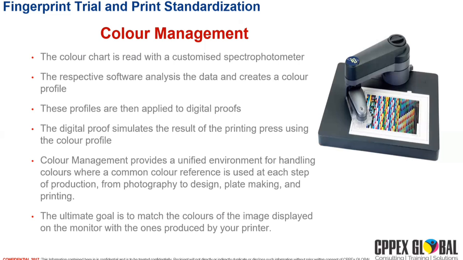The ultimate goal of fingerprint is to match the color of the image displayed on the monitor with the ones produced by your printer. After making the profile, you will be able to match the colors that the design displays on the pre-press monitor with the colors you will produce on the printing press. So this is very important.